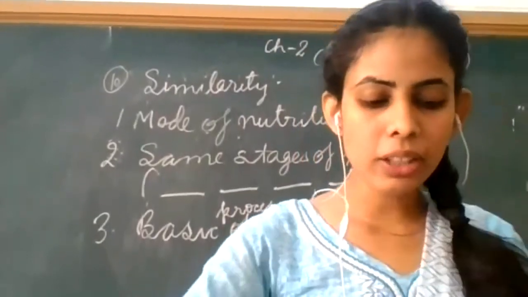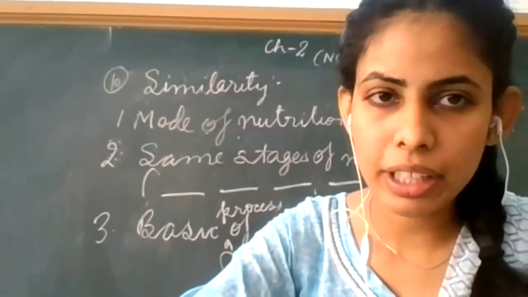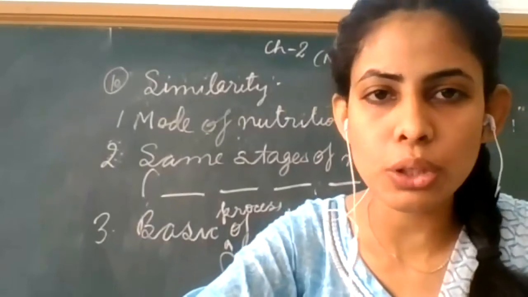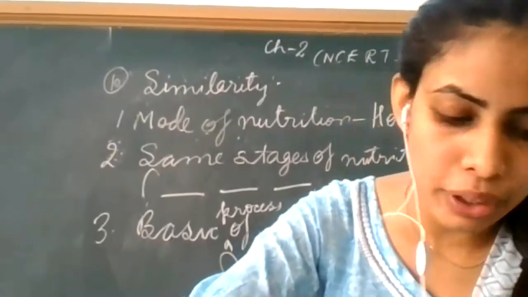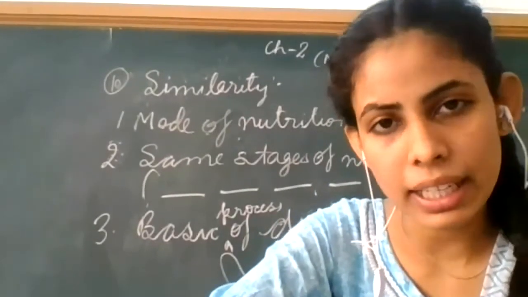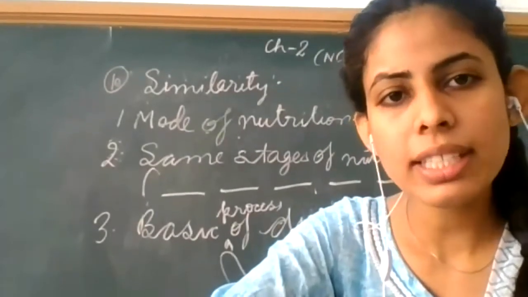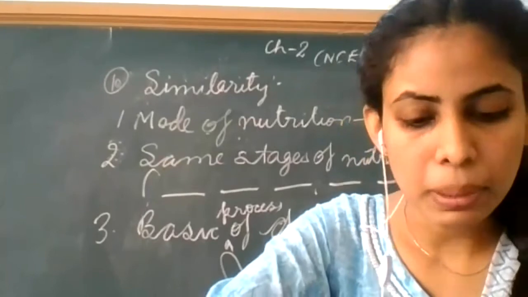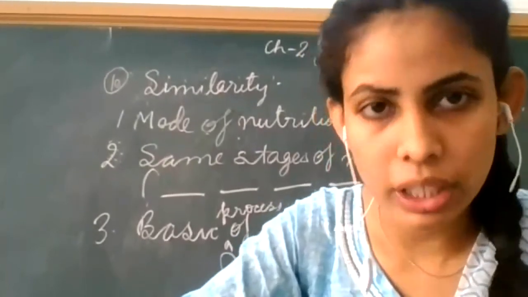Now I will tell you that the leafy vegetables that we eat are a source of vitamins and minerals. That means these are required for our body. Clear? And it is also included in the balanced diet. We eat spinach, so it is a leafy vegetable that we eat. Therefore, these leafy vegetables are required for our body.